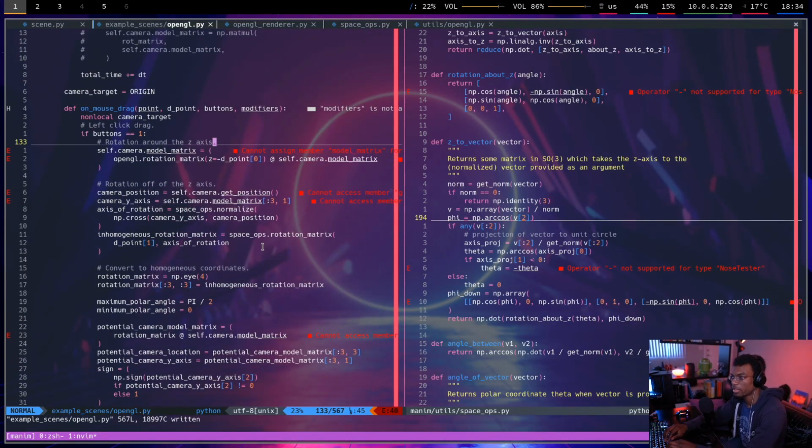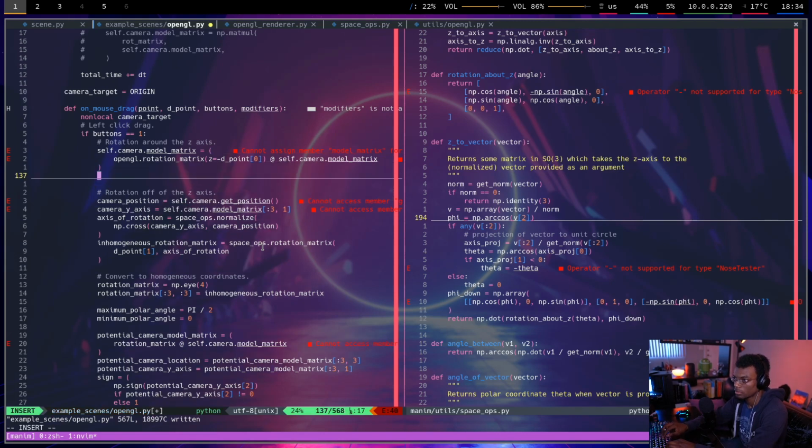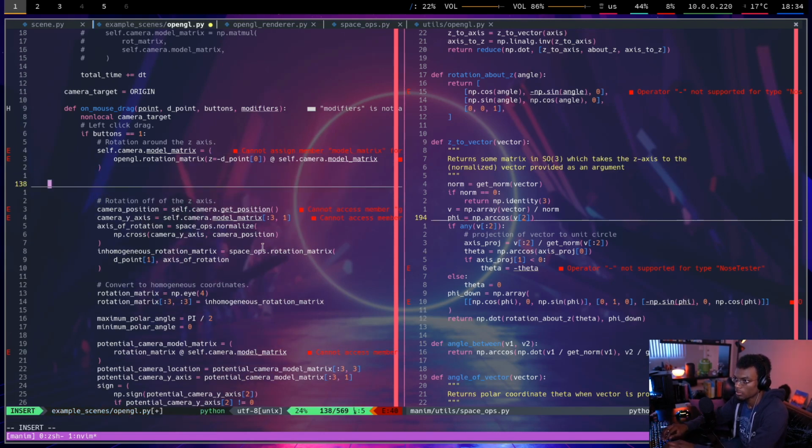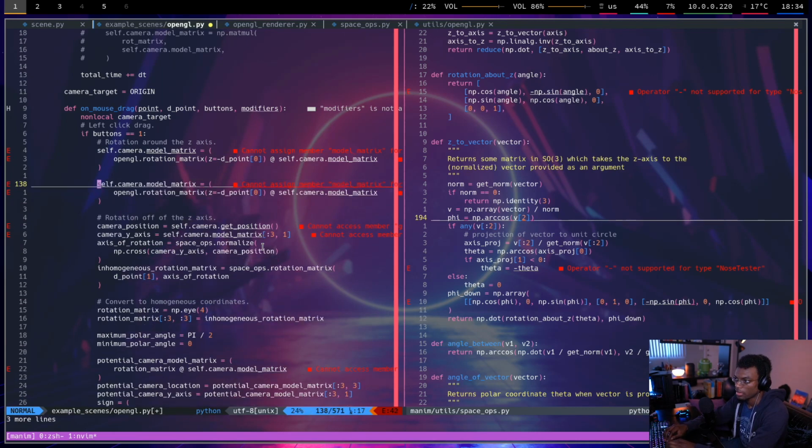Now, for rotation around the z-axis, it isn't around the z-axis anymore. Then I'm going to want to do... I don't know how to comment this. I'll just do it for now.